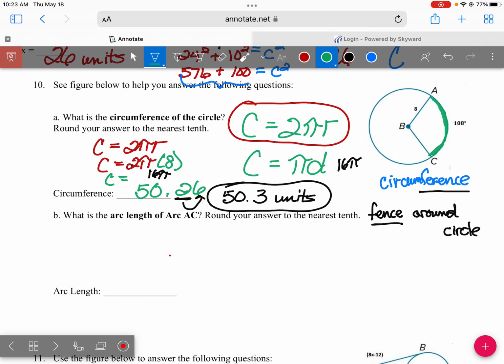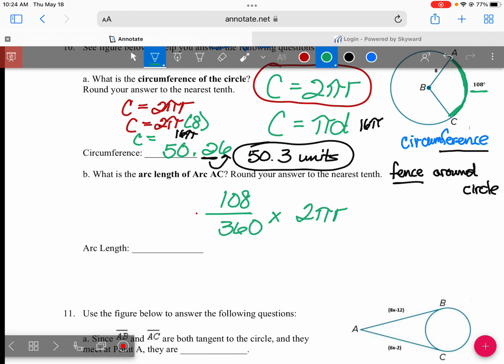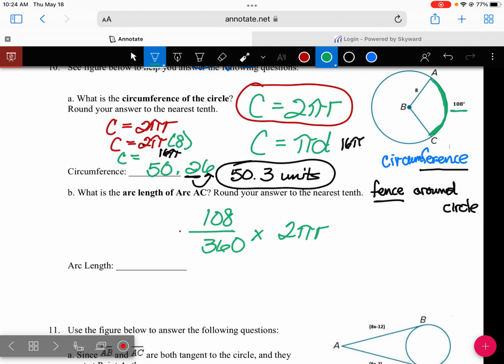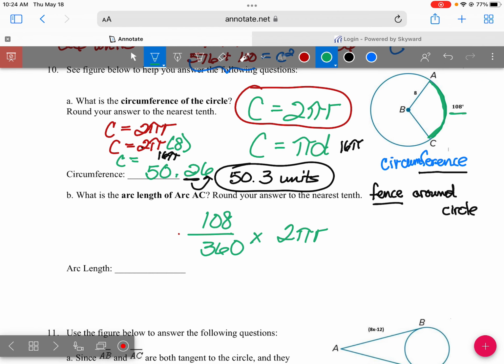So it is a fractional part of the whole circumference, is it not? Yes. And if that arc, which is 108, is 108 out of the whole circle, that is a fraction of the circumference. So we take 108 over 360 times 2 pi r.